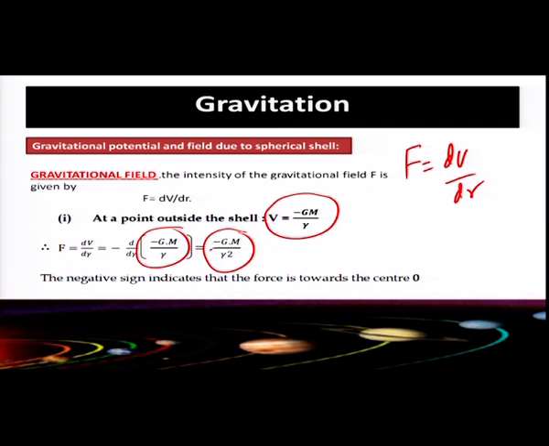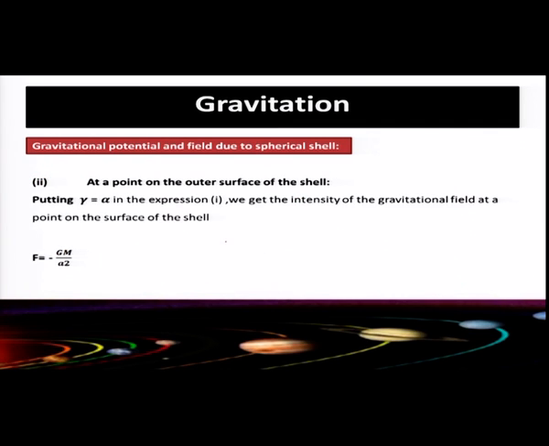This negative sign indicates that force is towards the center O. For a point on the outer surface of the shell, you put R is equal to alpha in expression 1, and we get the intensity of the gravitational field at a point on the surface of the shell as F is equal to minus GM by a squared.